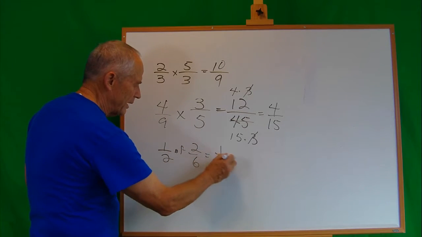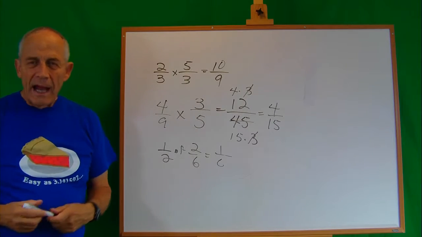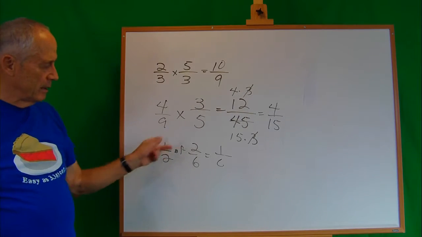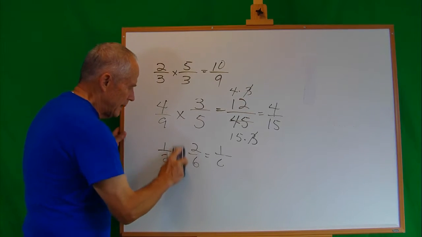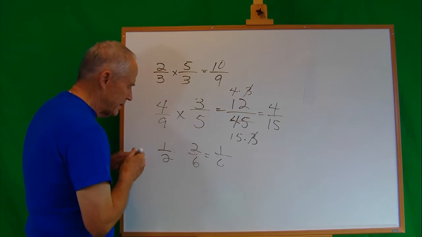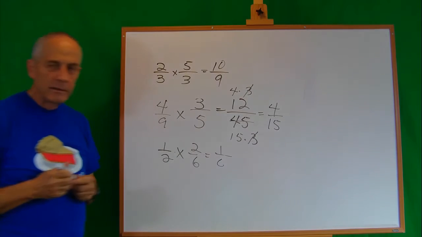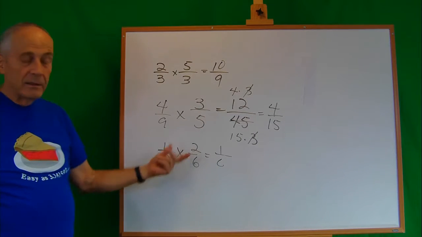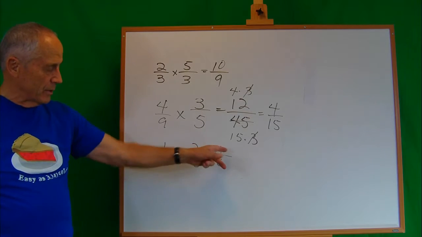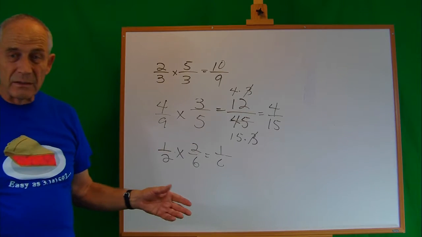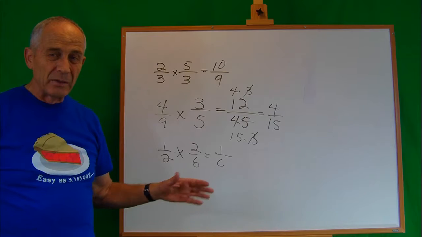and we got 1/6, let's make a multiplication so we can see it. How come we didn't get that 1/6? If we just follow the rule, we'd go 1 times 2 is 2, 2 times 6 is 12, so our answer should have been 2/12.